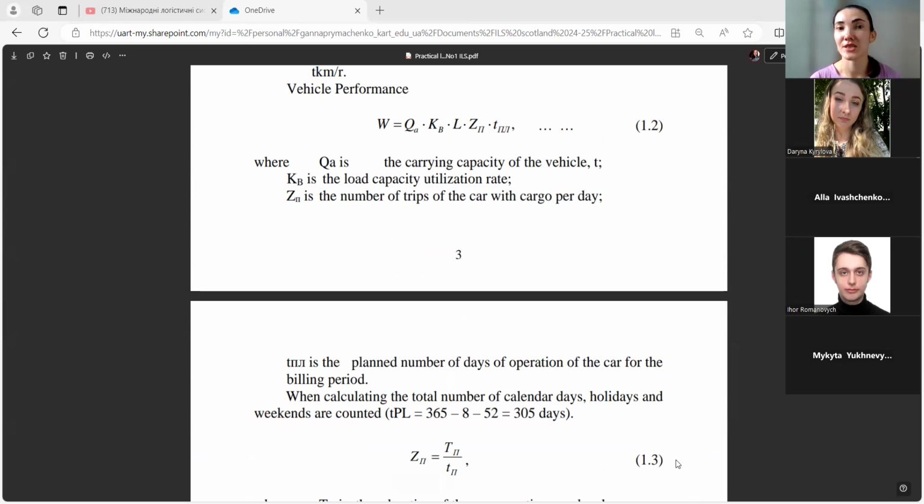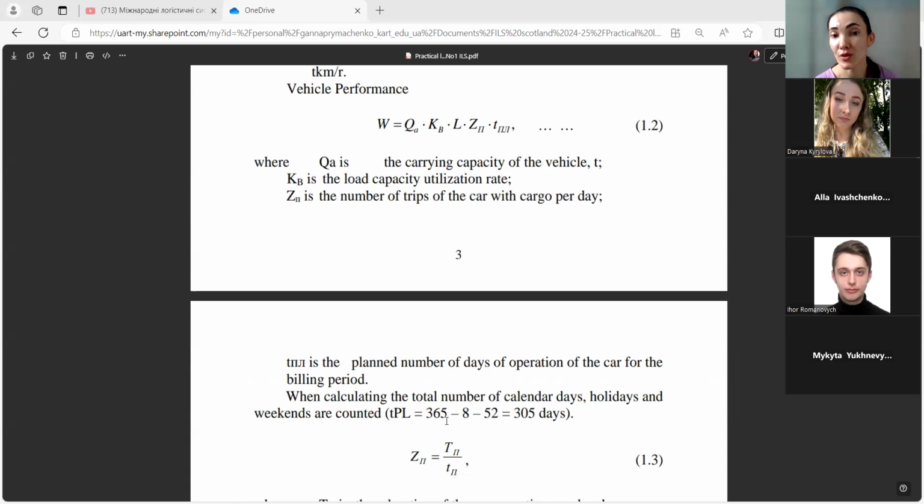And the last in our formulas, it is T with index PL. We find it that it is the planned number of days of operation of the car for the billing period. So we can find it here. Here we use Ukrainian letters. I don't write it here.